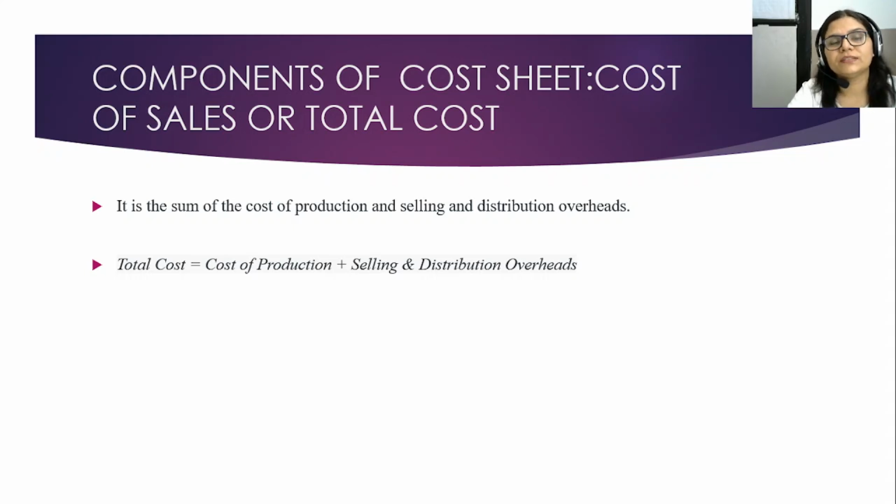So any expense which is directly linked to the sales of a product is called selling and distribution overhead. It includes the cost of packaging material, expenses incurred on advertisement, traveling expenses, carriage outwards, rent of warehouse, insurance of goods in transit, bad debts, etc. When we add these selling and distribution overheads to the cost of production, we get the total cost.